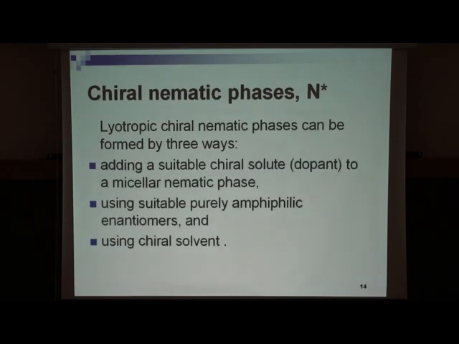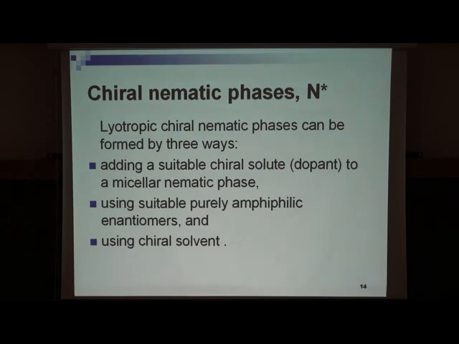Another important lyotropic phase is the chiral nematic phase. These phases can be formed in 3 ways. You can add a suitable chiral solute to a micellar nematic phase, or you can use suitable poorly amphiphilic enantiomers, or use a chiral solvent.